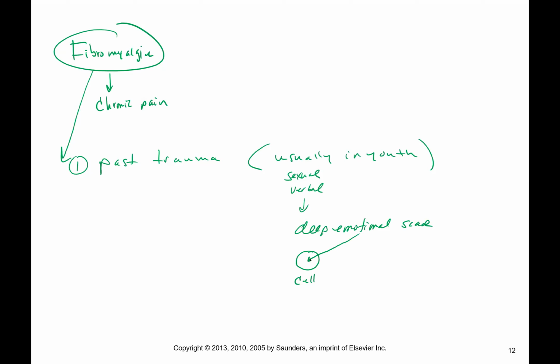Other things that don't help: lifestyle stuff, so smoking, drinking, drugs, poor diet, pro-inflammatory foods, excitotoxins, like for example, consuming too much MSG is an excitotoxin, and so on.